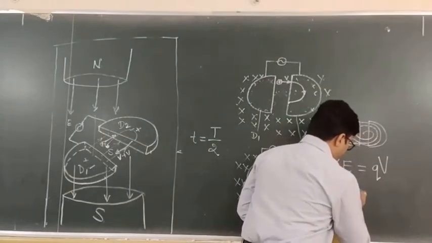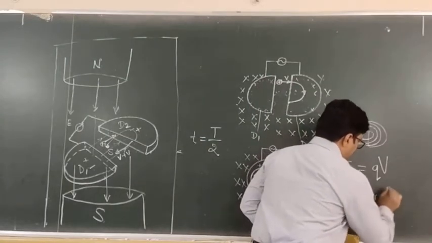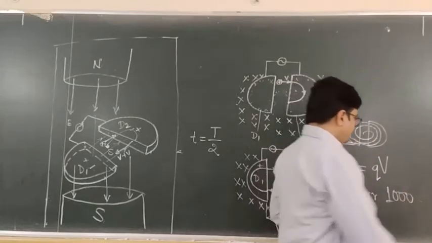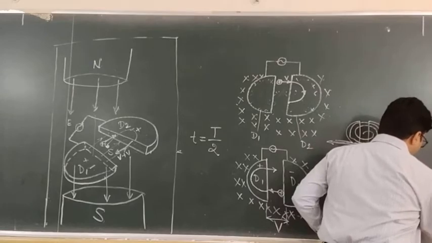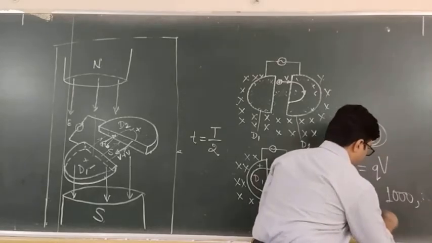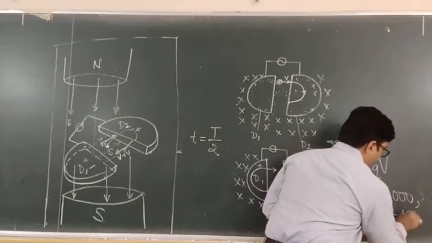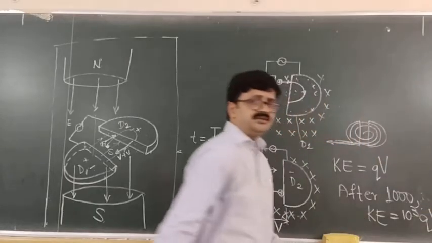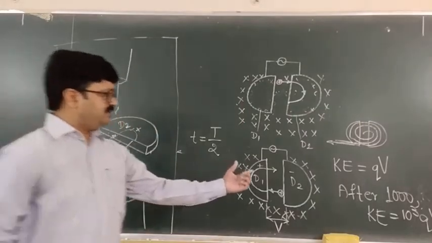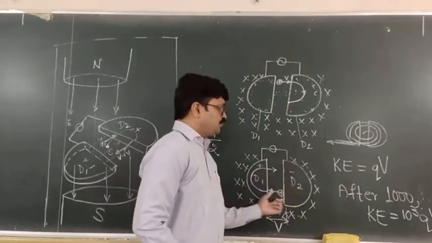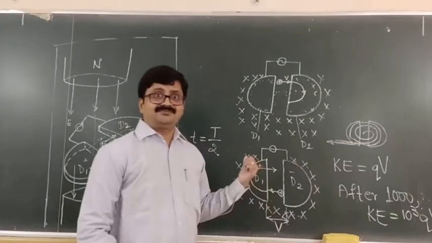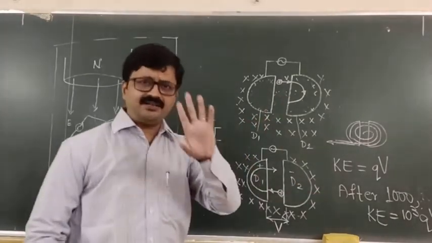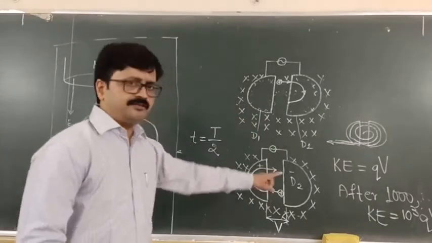So after say 1000 semicircular motions, we will get energy K equal to 1000 times, or 10 raised to 3 times, qV. Likewise, if I take that charged particle through 1 lakh cycles, then it will be 1 lakh times qV. So obviously its kinetic energy has increased here, my dear friends.